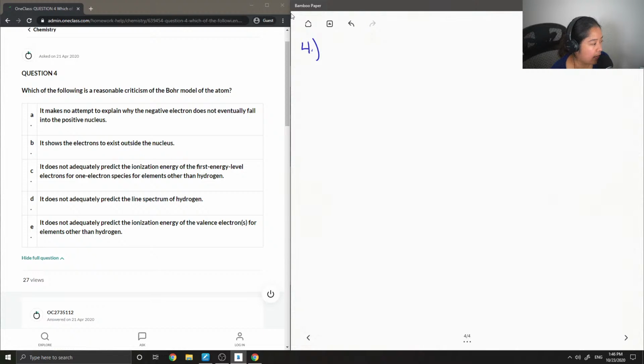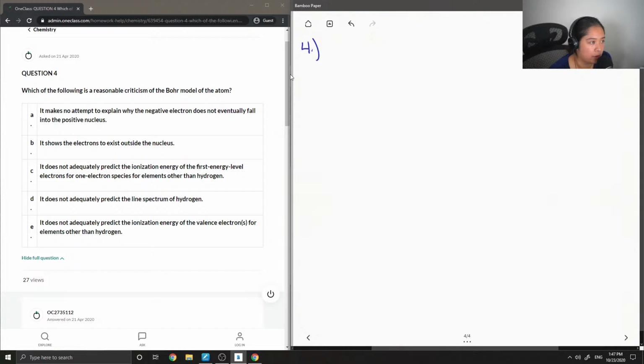D, it does not adequately predict the line spectrum of hydrogen. So that is not true as well. So let's check out our last option. It does not adequately predict the ionization energy of the valence electrons for elements other than hydrogen. So this is a reasonable criticism. So the answer is E.